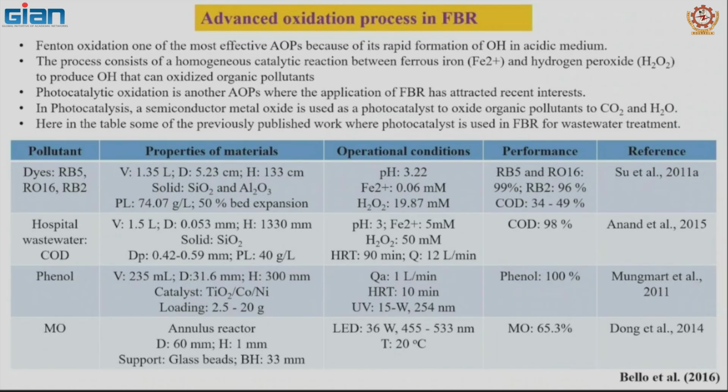The process consists of a homogeneous catalytic reaction between ferrous ion and hydrogen peroxide. In the Fenton reaction, ferrous ion and hydrogen peroxide are used to produce the hydroxyl group that can oxidize organic pollutants. So this is quite effective basically for organic pollutants.